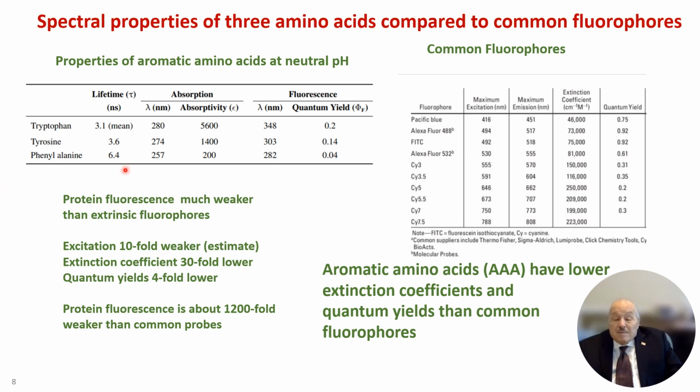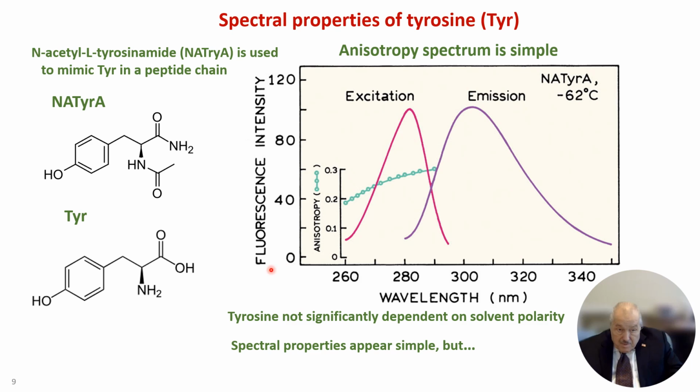But when we move to time resolved measurements and time correlated single photon counting measurements, that weakness doesn't bother us too much because we have more light than we can use with the common fluorophores. So let's look at the spectral properties of each of the amino acids.